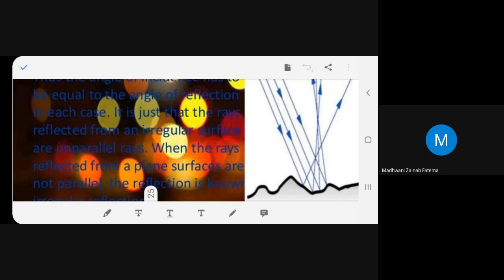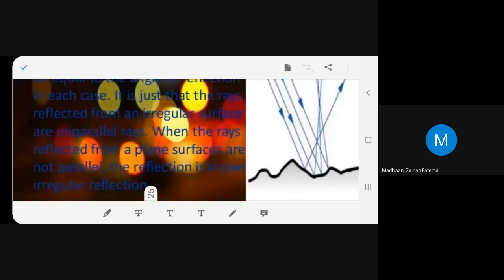When the rays reflected from a plane surface are not parallel, the reflection is known as irregular reflection. Irregular, beta. Say irregular again. Fine. Good.